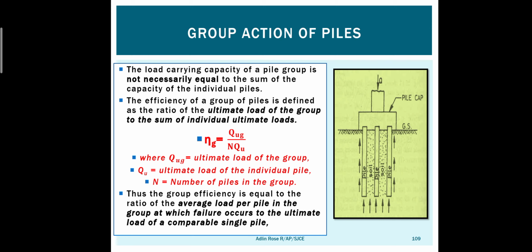That is what it is explained as the average load per pile in the group at which the failure occurs, to the QU. What is QU? QU is the ultimate load per pile, single pile. So two definitions are given for efficiency of a pile group. You please remember the formula for efficiency of pile group.